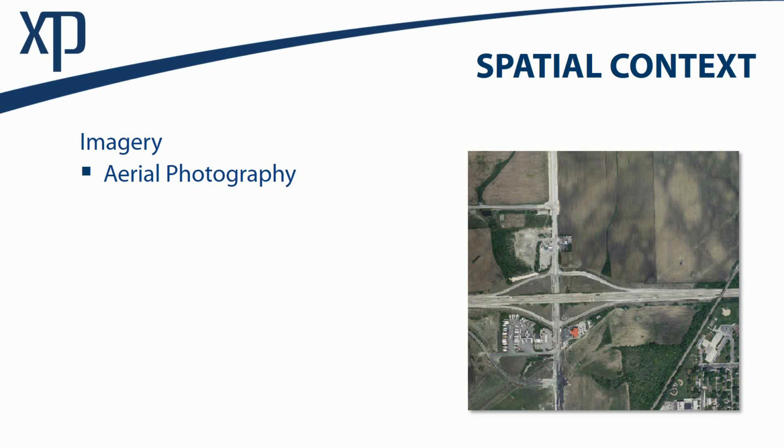So let's talk about the spatial context. The first one, aerial imagery, aerial photography. This is providing that visual background of hopefully our site location, and it helps us capture what's going on visually.